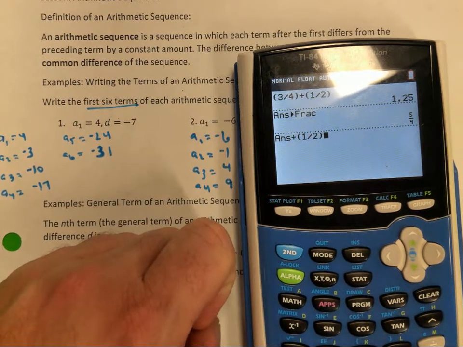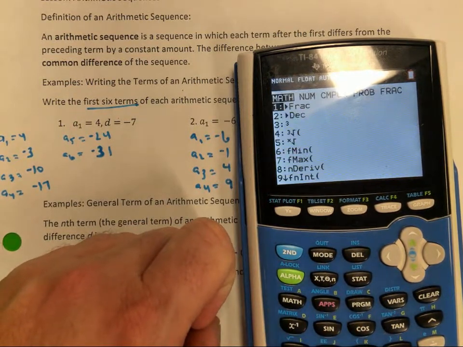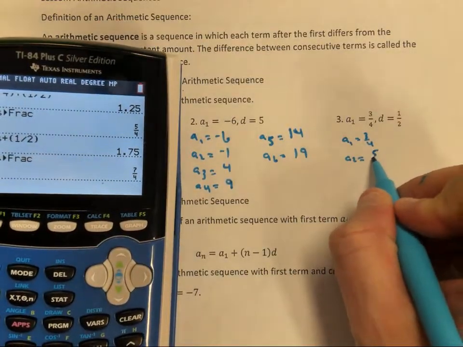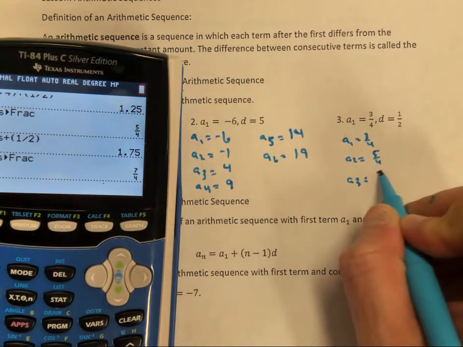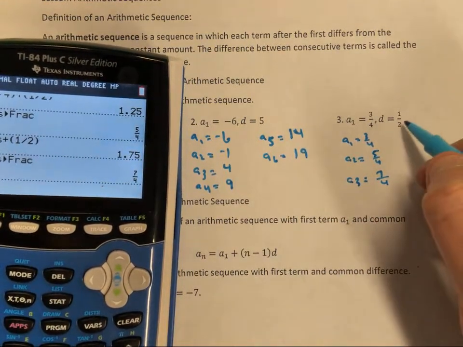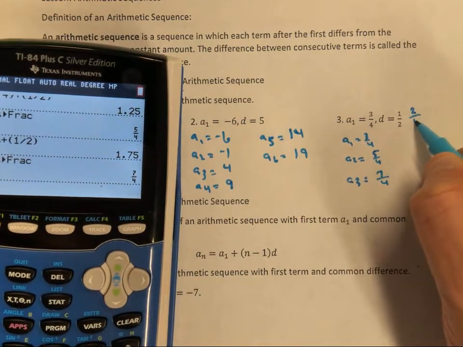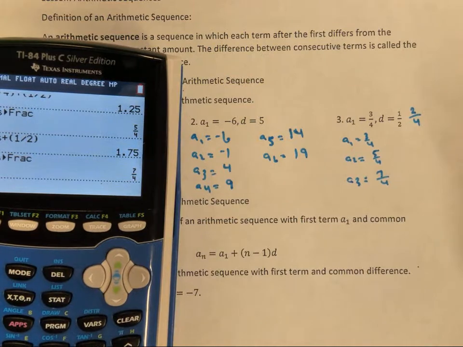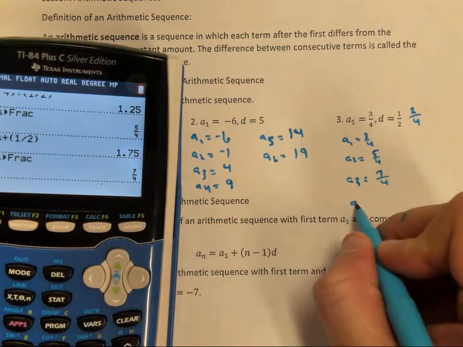Plus 1/2. Next one will be 7/4. Could you have found a common denominator here and made that 2/4 right there, and just kept adding 2/4 to it? You could do that.